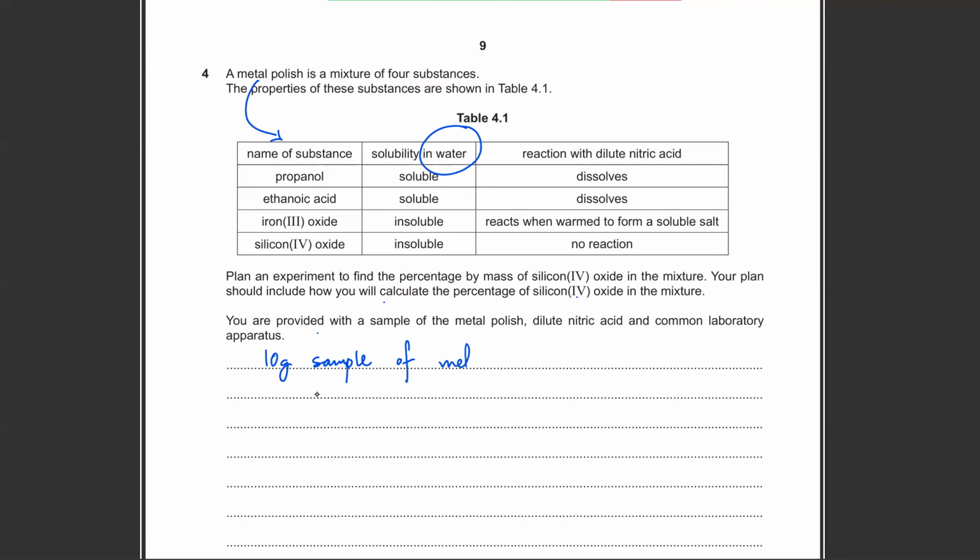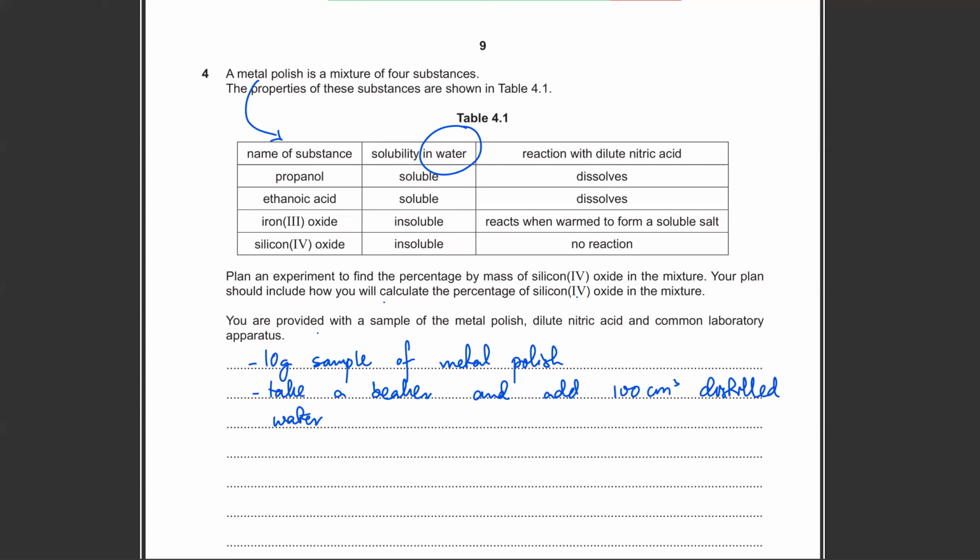of metal polish, and then for the water, take a beaker and add 100 cm cube distilled water.